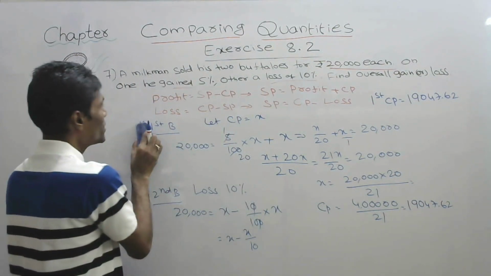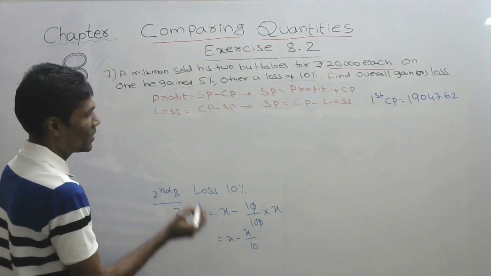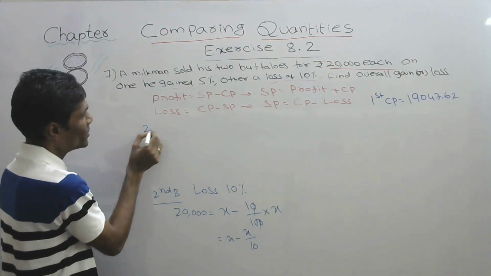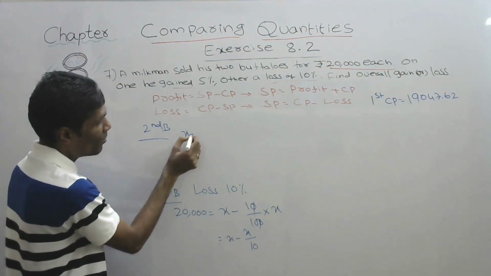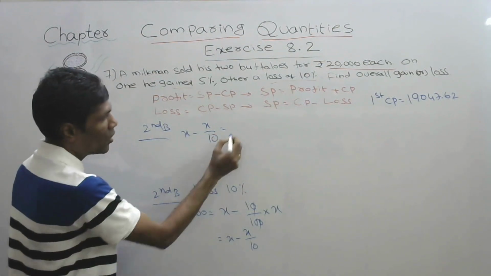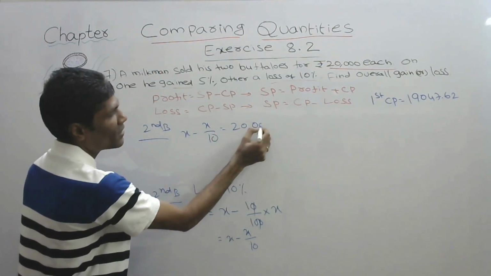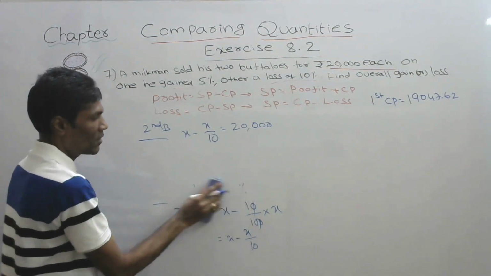Well, let us erase it so that it will be clear. Now, second buffalo, what we got? X minus X by 10 equal to 20,000. This is what I am writing here.